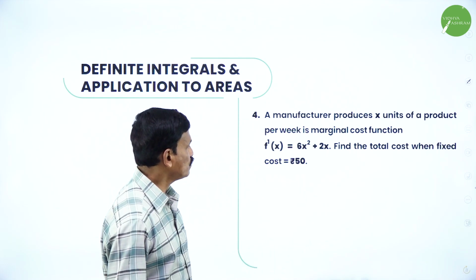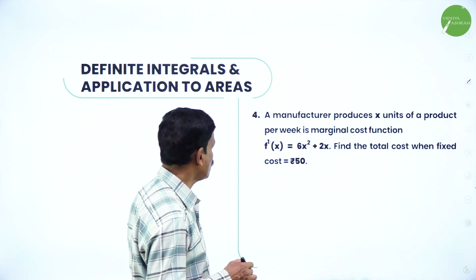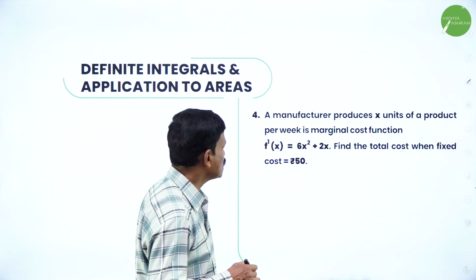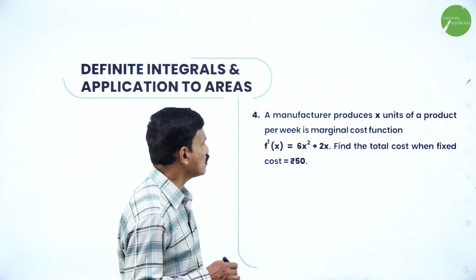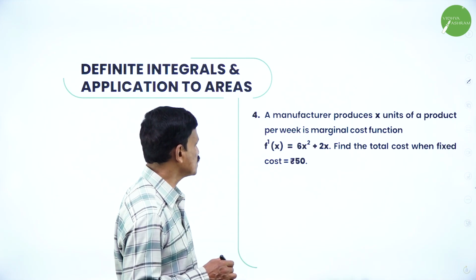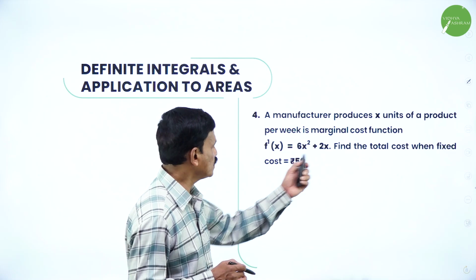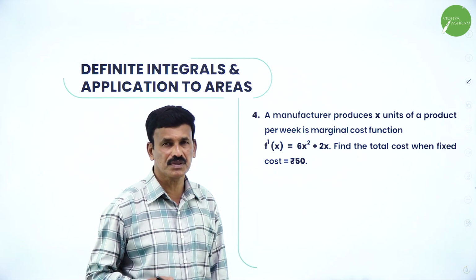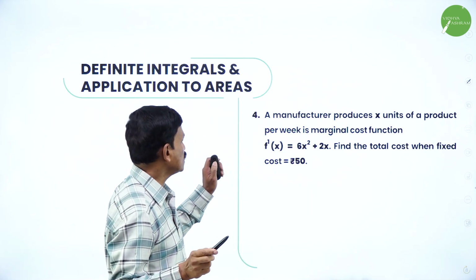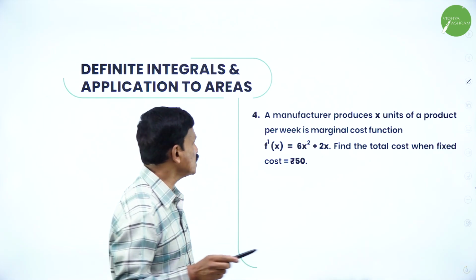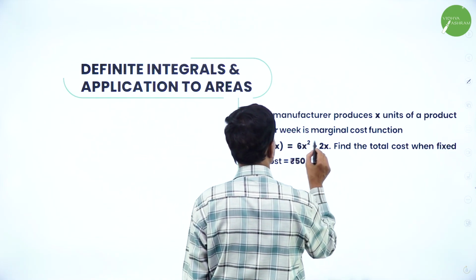A manufacturer produces x units of a product per week. His marginal cost function, f dash x, is equal to 6x square plus 2x. Find the total cost when the fixed cost is rupees 50. So a manufacturer produces x units of a product per week.